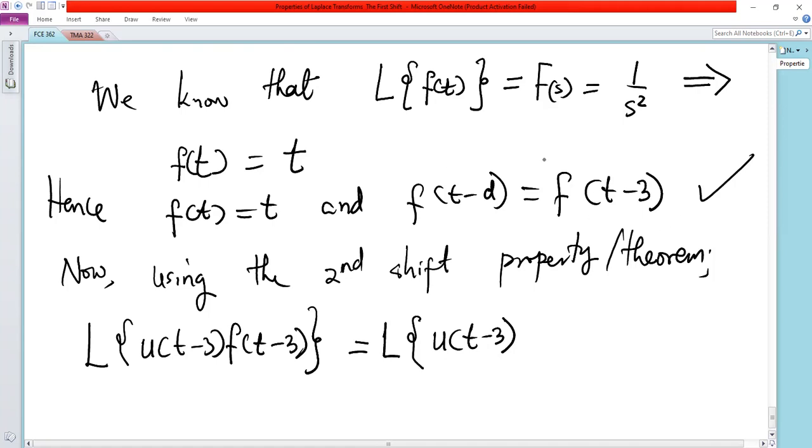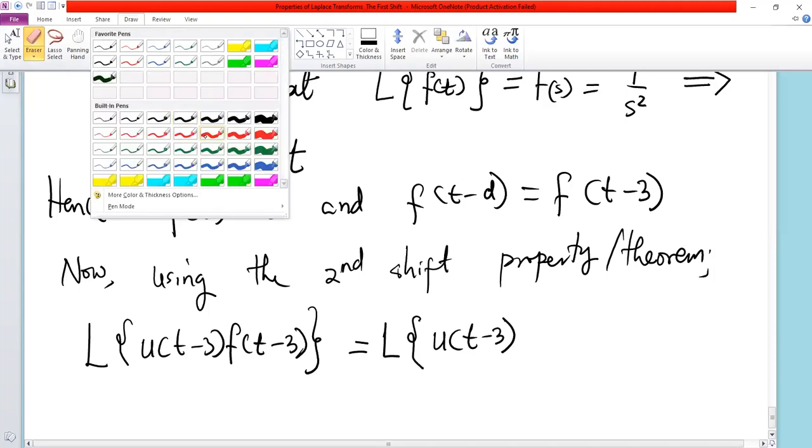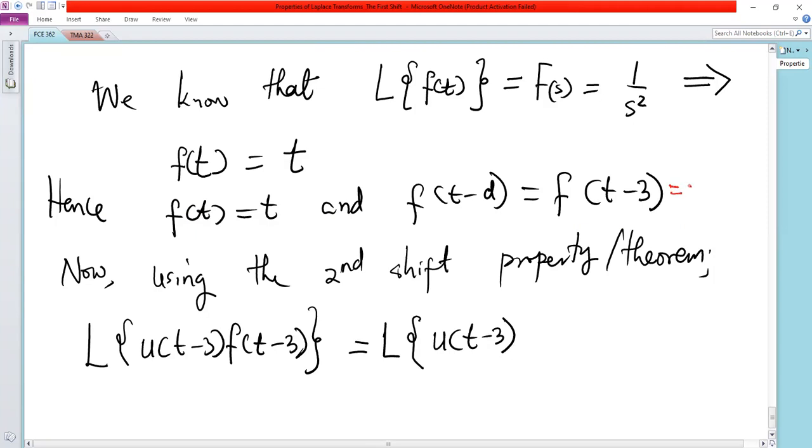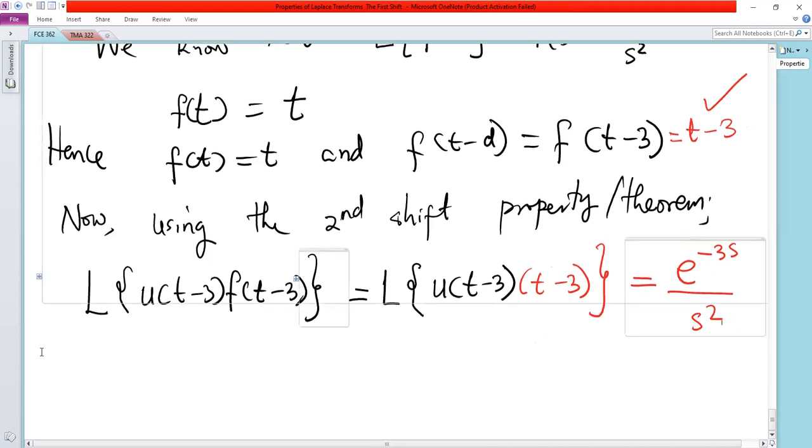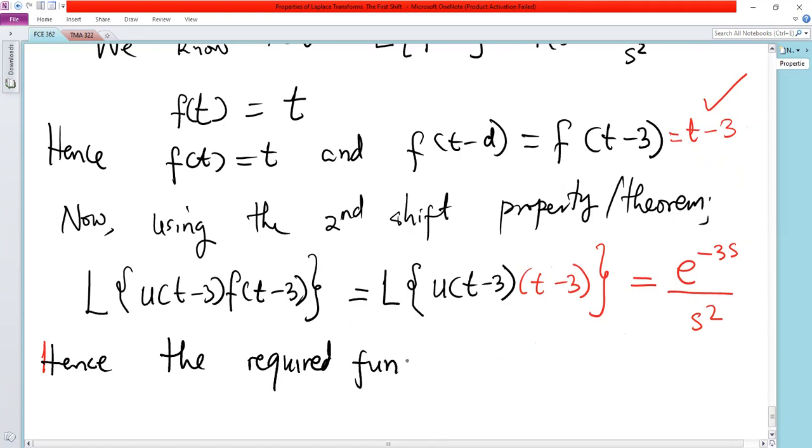If f of t is given by this one, then f of t minus 3 must be t minus 3, which is e raised to the power minus 3s over s squared. Hence, the required function is u of t minus 3 times t minus 3.